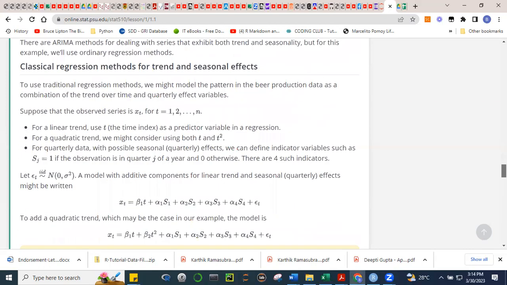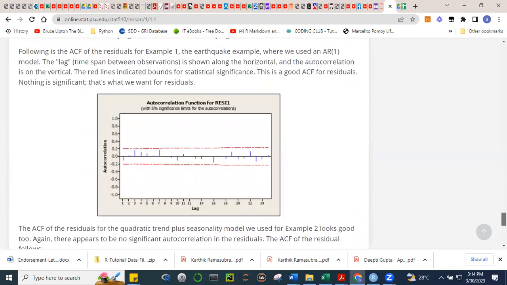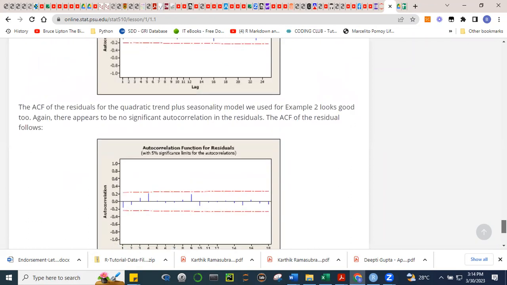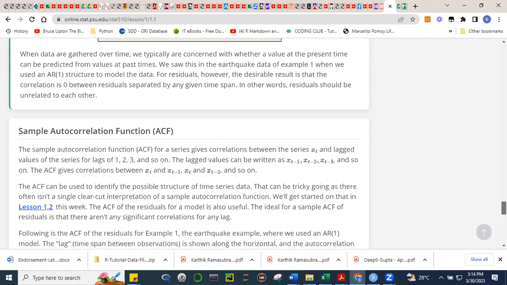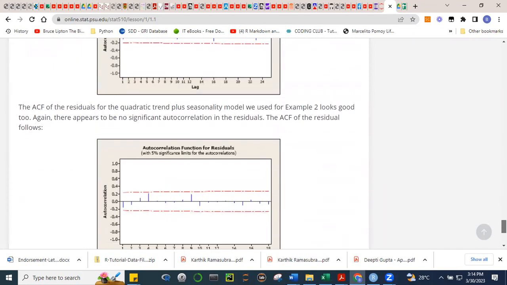So I leave you to look at the other concepts here. This one, we're going to look at the ACF, the autocorrelation function, and this is the PACF, the partial autocorrelation function. There's no PACF here, but this is also autocorrelation.